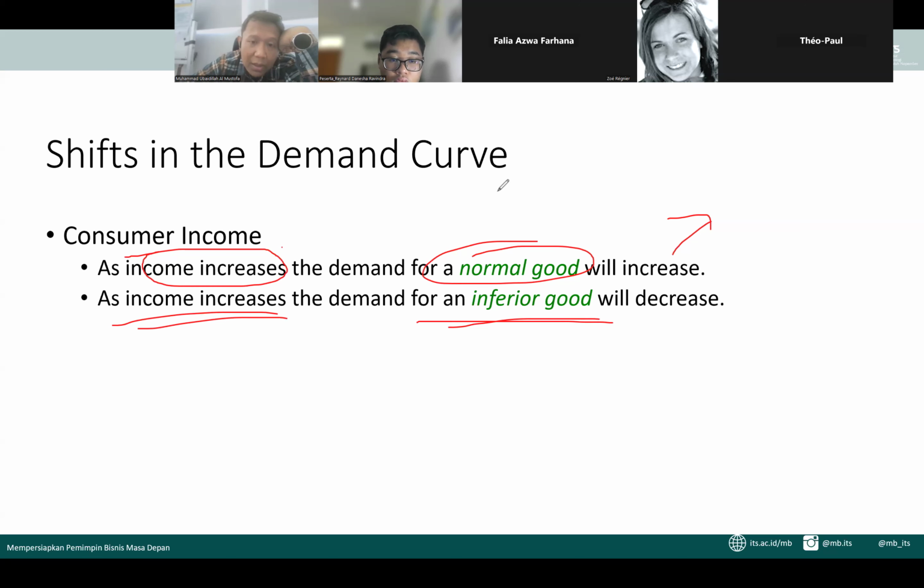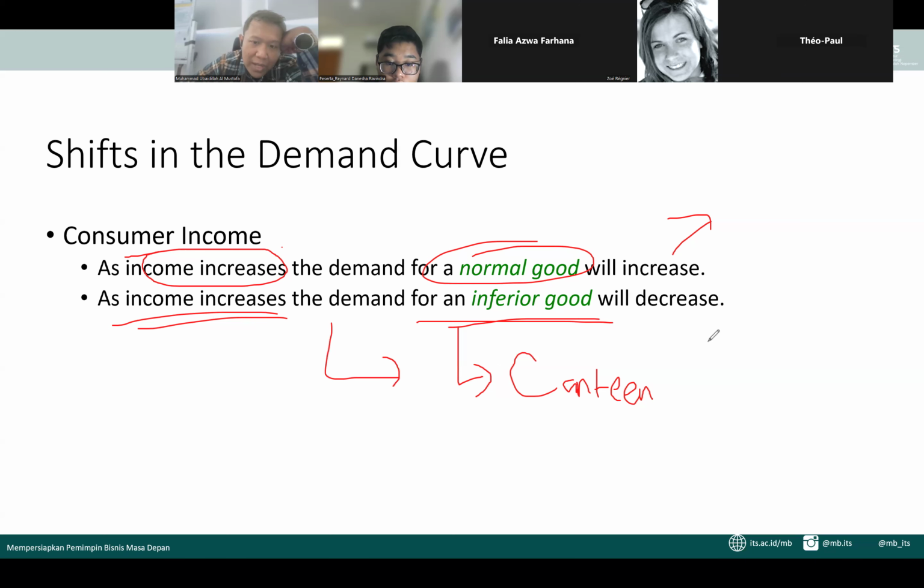Okay, I will give you an example. Suppose that you are a student in the business and management department and you are always in the canteen, right? Why? Because the food in the canteen is cheap and budget friendly. So what happens if suddenly you have a lot of money and you become rich? Let's say that you inherit a lot of wealth from the family.